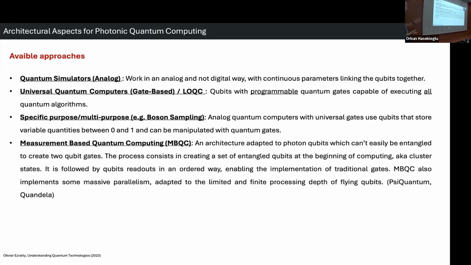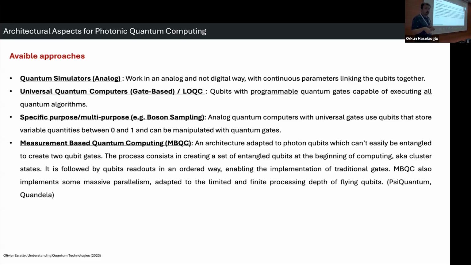Then we can use gate-based computing, which is called today linear optical quantum computing. I will get into detail. And then you can use some specific purpose devices. For example, we don't build universal CPUs in Turkey or fabricate them.